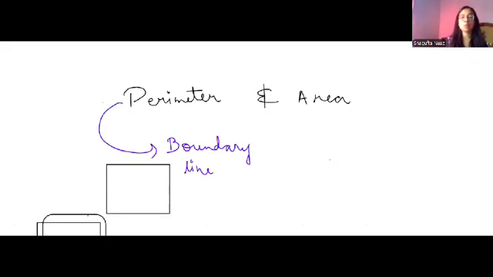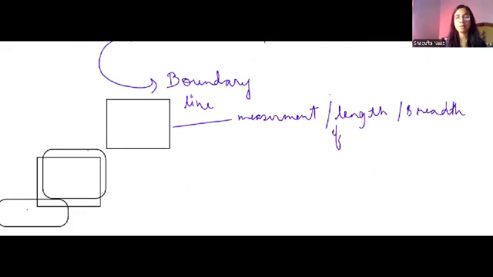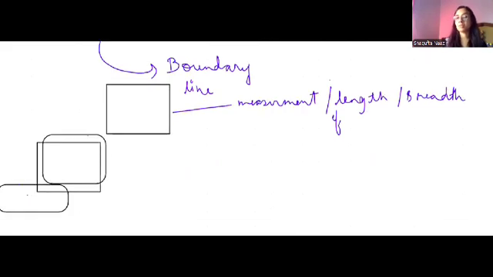So in perimeter, we will be talking about the measurement or length, breadth of a rectangle. All right. In perimeter, we will be talking about measurements like length and breadth of this rectangle figure. I hope it is clear.